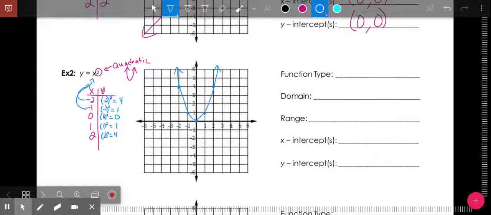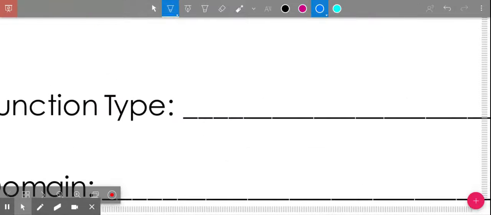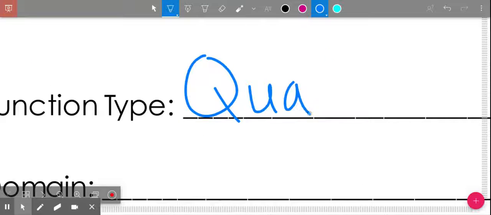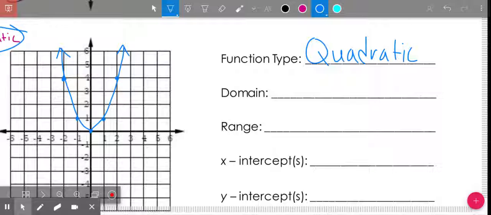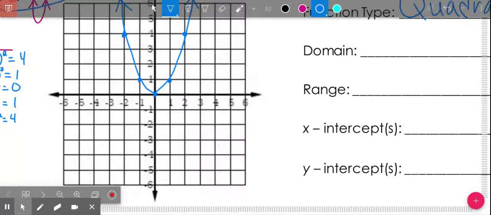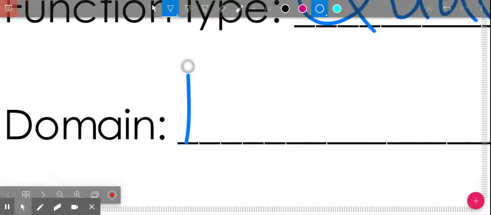Alrighty, so we know that since it's a 2 and we have a parabola, it's quadratic. My domain, I can put any x into the function, so it's all real numbers.